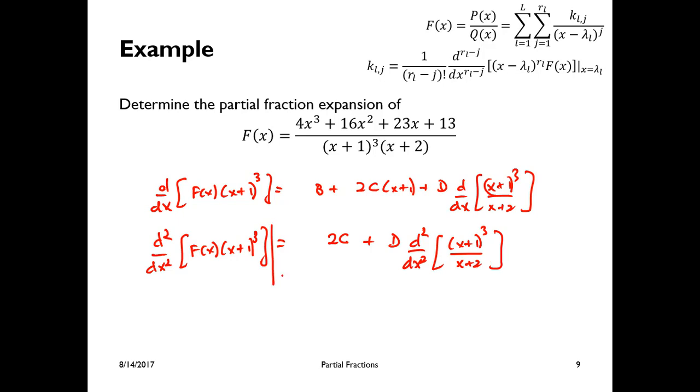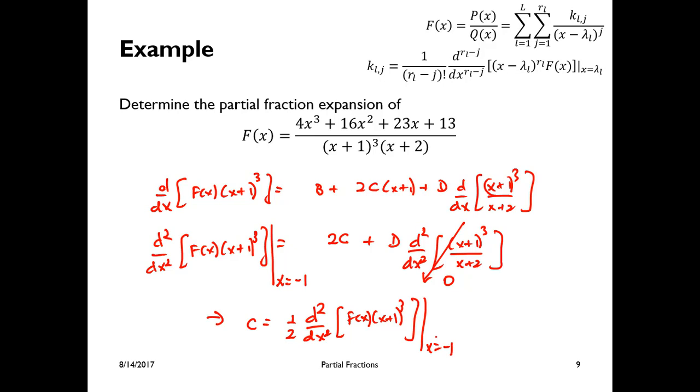Now if I evaluate both sides of this equation at x equal to minus 1, again I'm going to see that this term is going to drop out. So this gives me C is going to be 1/2 d2 by dx squared of f of x times x plus 1 all cubed evaluated at x equal to minus 1.